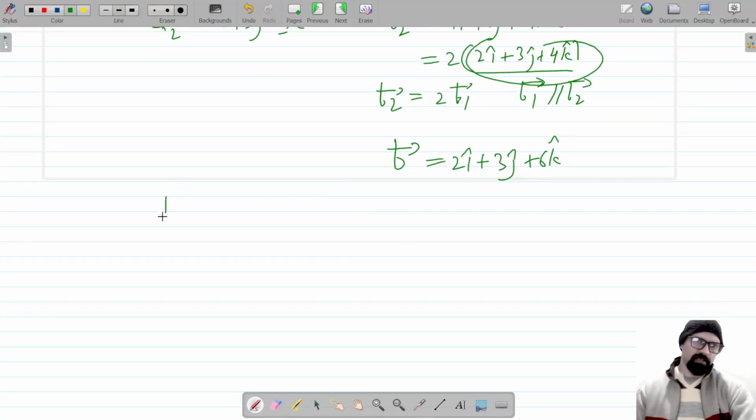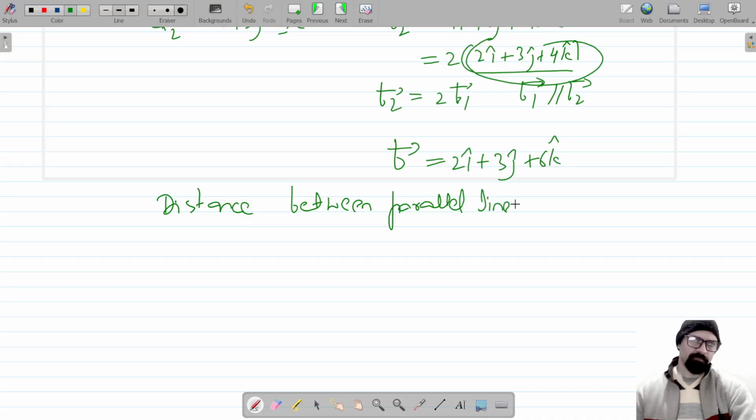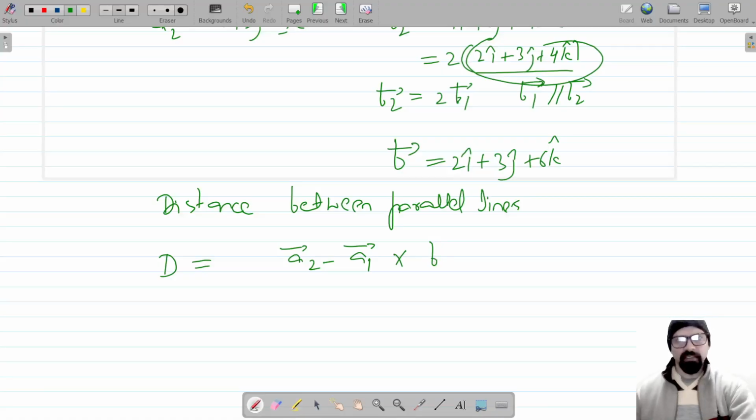Now if we have to find the distance between parallel lines, the distance d between the lines is given by the magnitude of the cross product of A2 minus A1 with B, divided by the magnitude of B.